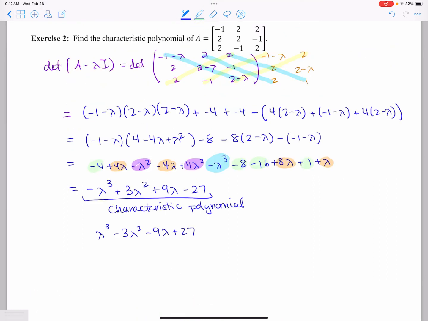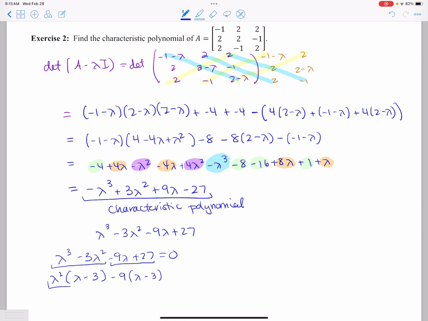I realize it did not ask us to find the eigenvalues, but we're going to do it just to refresh your memory on how you might factor this. So if we're trying to solve lambda cubed minus 3 lambda squared minus 9 lambda plus 27 equals 0, this is factor by grouping. I can take out a lambda squared, and I'm left with lambda minus 3. And on the last two terms, I can factor out a negative 9, and I'm left with lambda minus 3.